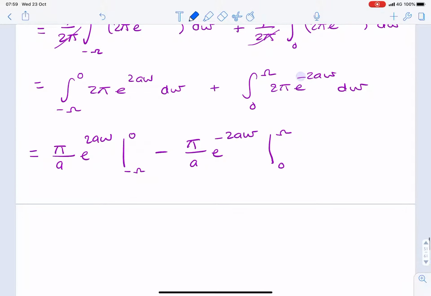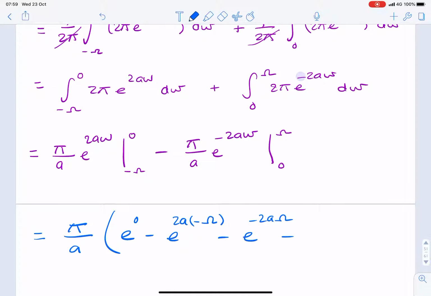Your final step will be pi over a times e to the power 0 minus e to the minus 2a omega, minus e to the minus 2a omega minus e to the power 0.